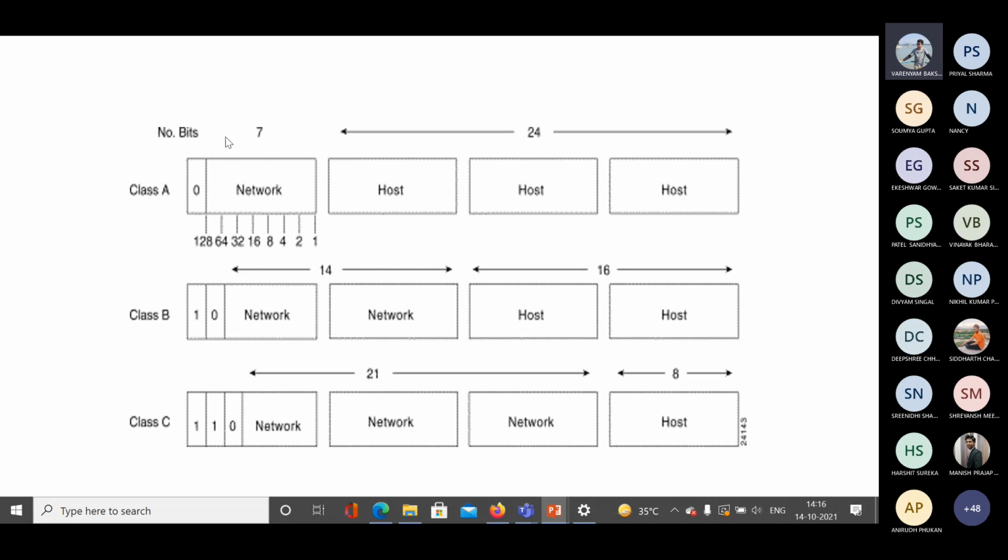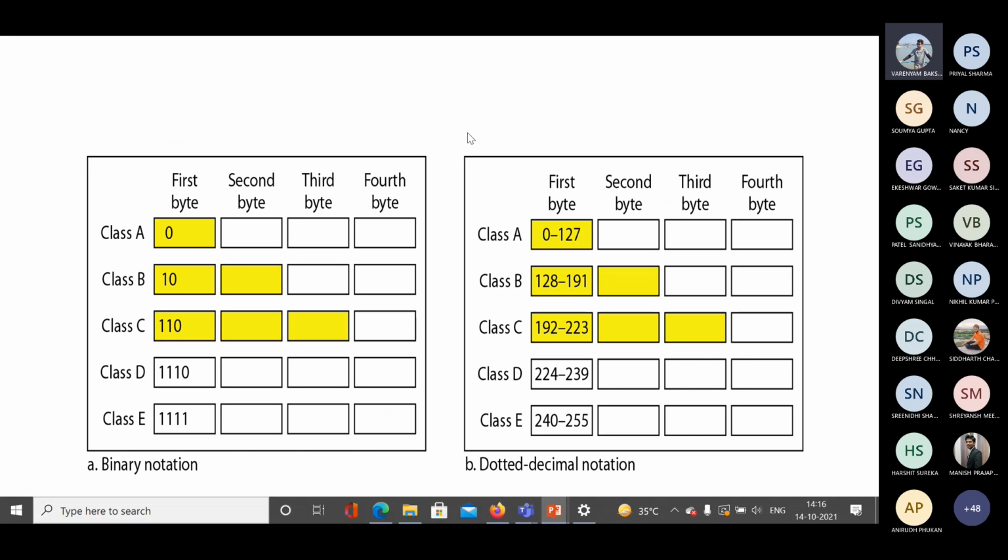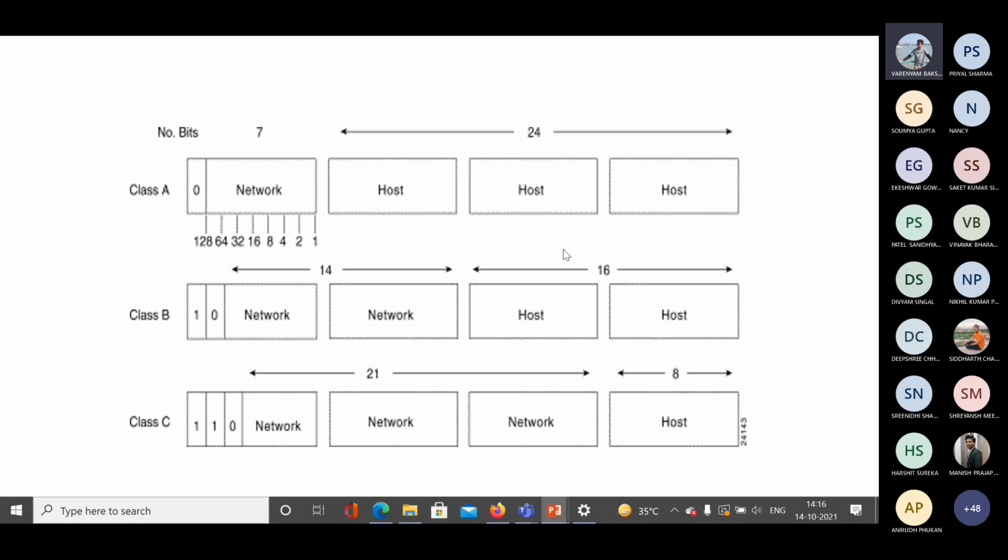Like this. So class A, see here, we have a total of 8 bits, right? So the corresponding decimal notations will come like this. That is why, if you go to the previous slide, class A addresses start from 0 to 127 as the first byte here.